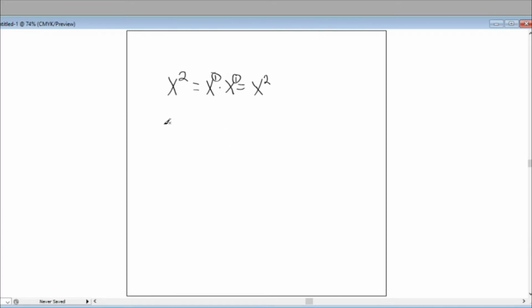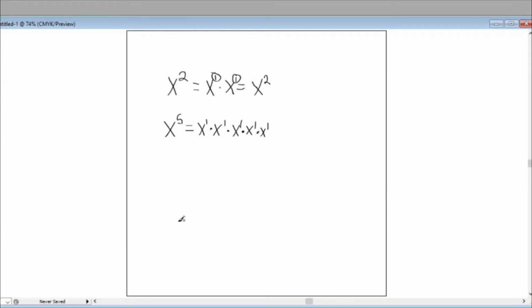In the same way, if I had x to the 5th, that would be x to the first times x to the first times x to the first times x to the first times x to the first.